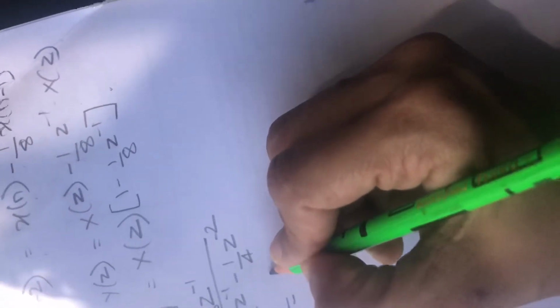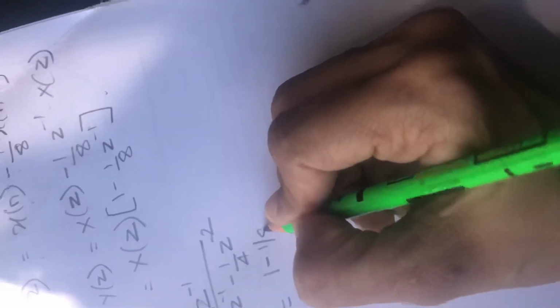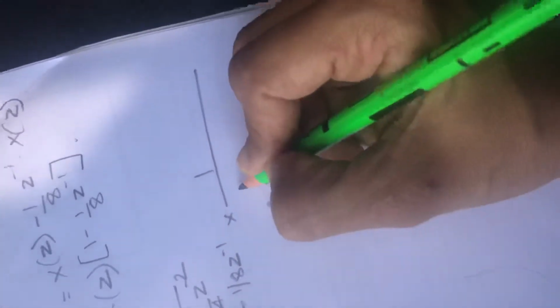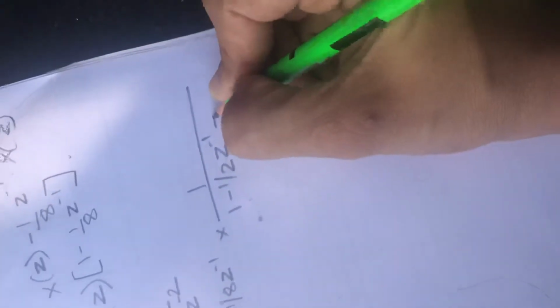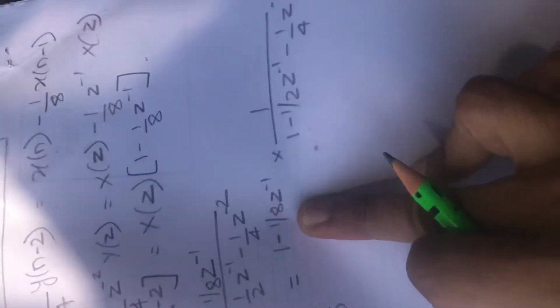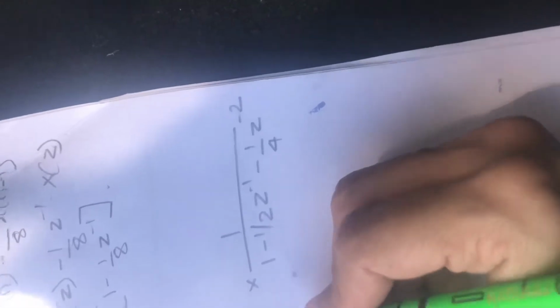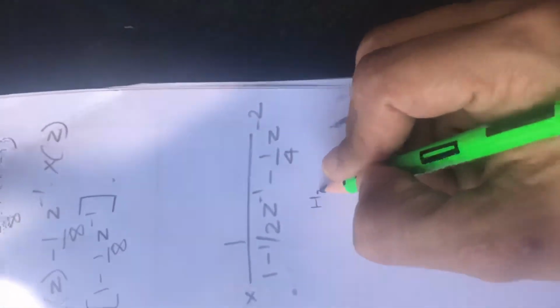So, I can divide it in this way, 1 minus 1 by 8 z inverse into 1 upon 1 minus half z inverse minus 1 by 4 z raised to minus 2. Alright, so now I have divided my one system into two subsystems, where this is my h1 of z and this is my h2 of z.